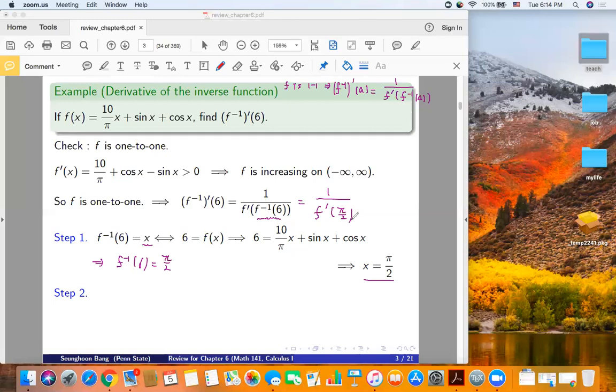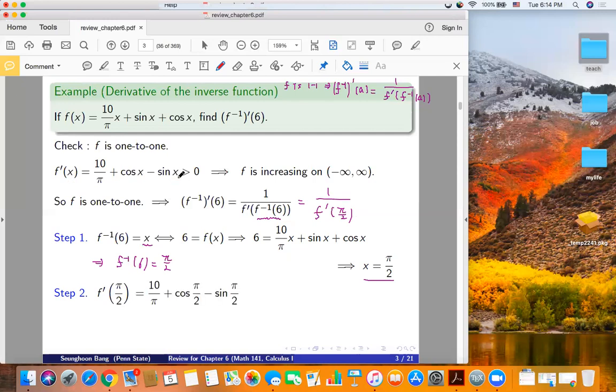So you calculate the denominator f prime of pi over 2 next. Plug pi over 2 into x. So we have 10 over pi plus cosine pi over 2, which is 0, and sine pi over 2 is 1. So we have 10 over pi minus 1, the same as 10 minus pi over pi.